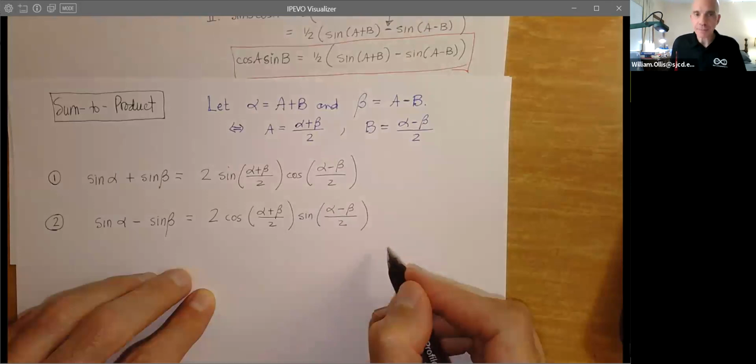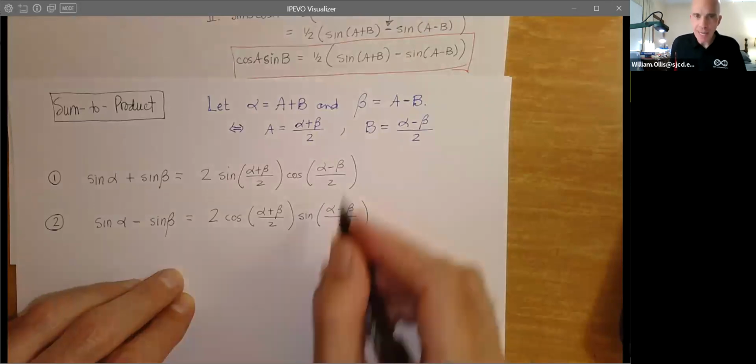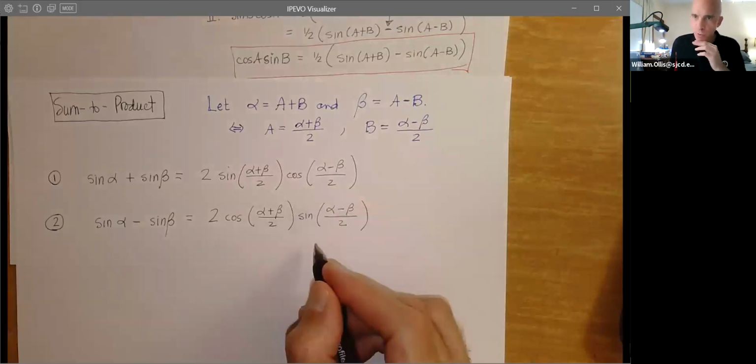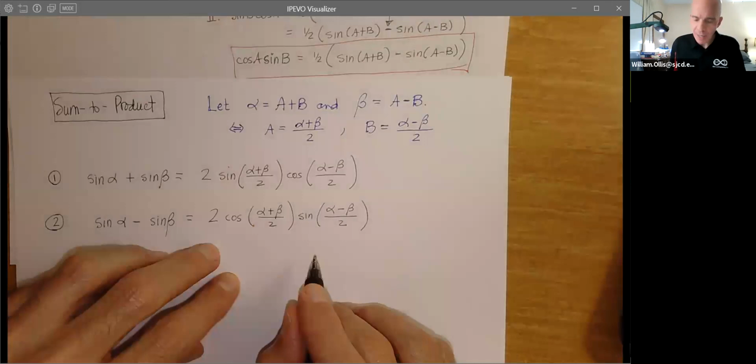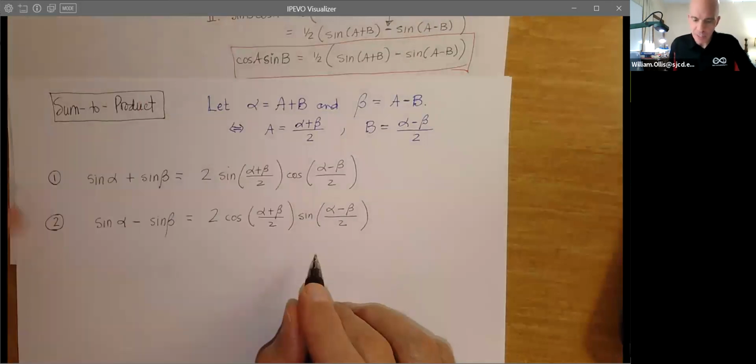There we go, we're done. Use alpha and beta. Using these tend to run together. When I teach Cal 3, I use U's and the Greek letters so they don't look alike, but I've decided to use alphas and betas for this.